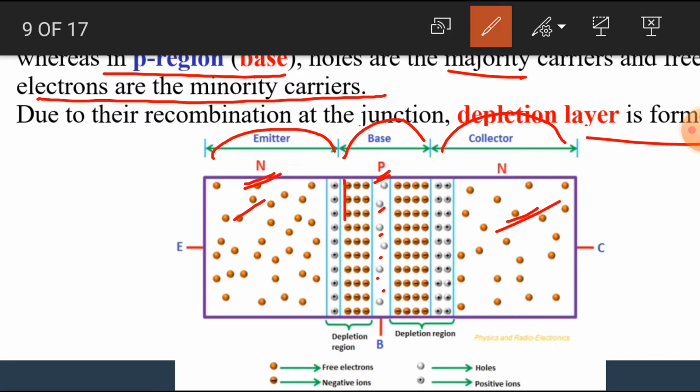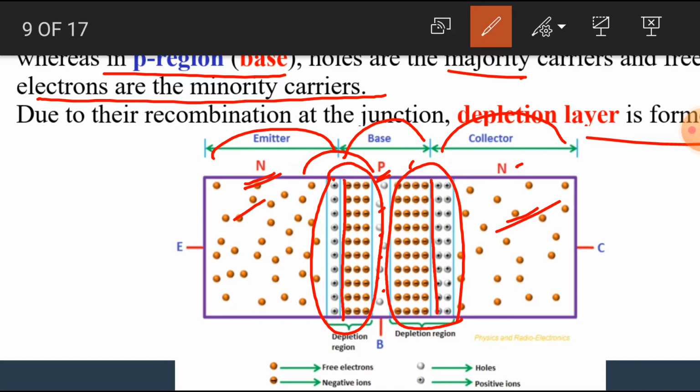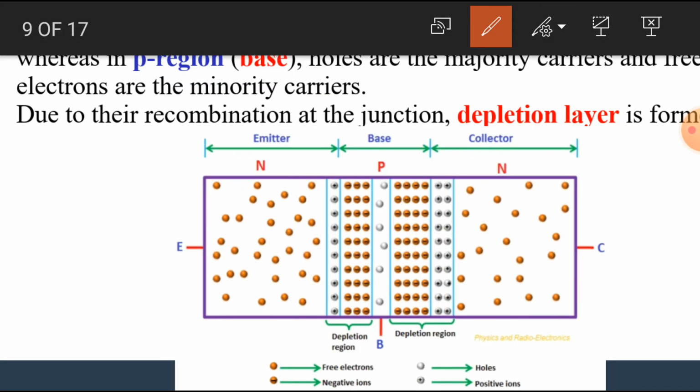This is the junction of this p and n region. Hence a depletion layer is formed across this region. Similarly, this is the junction of this p type and n type. Hence a depletion layer is formed here due to the recombination of ions. I hope you all understand the process here.